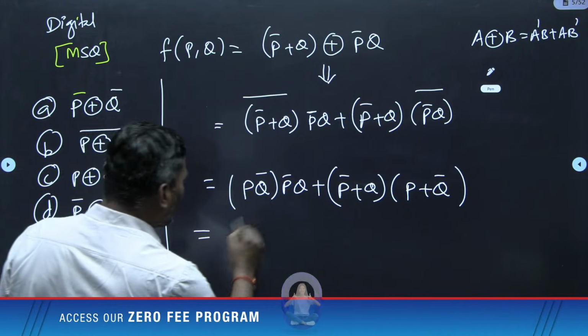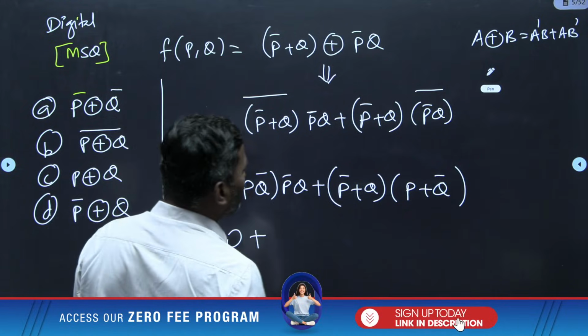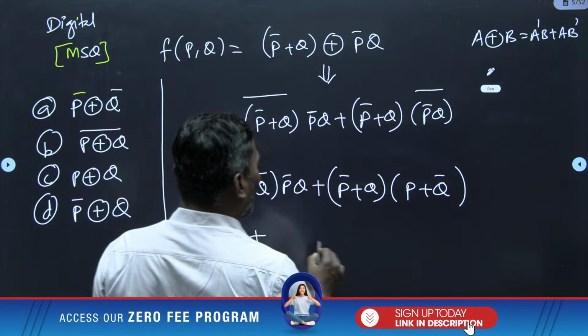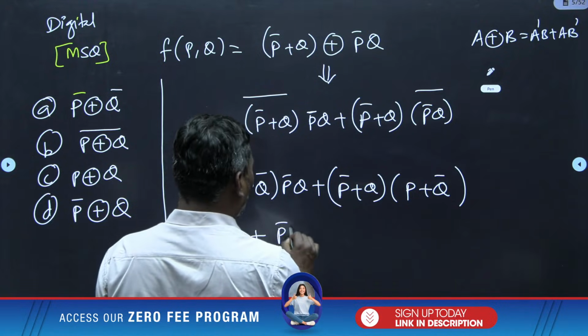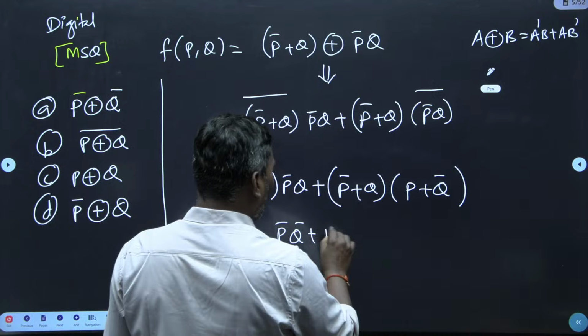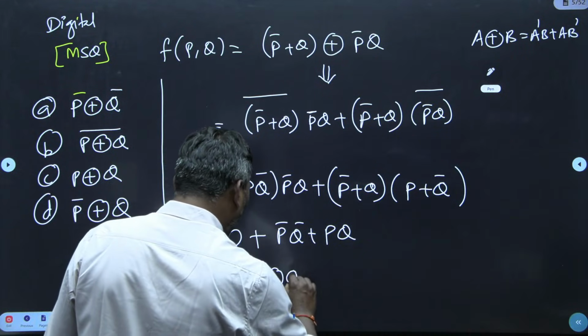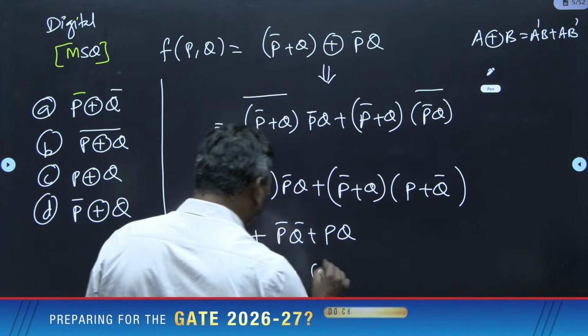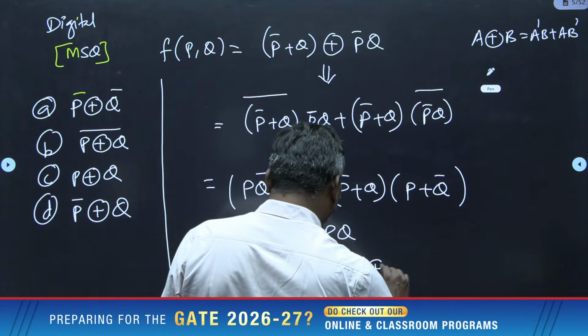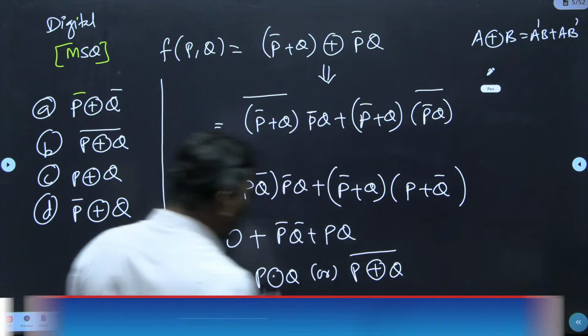So this simplification will be 0 plus P'Q' plus PQ will come. This is nothing but P XNOR Q, or also the complementation, P XOR Q whole bar also equal.